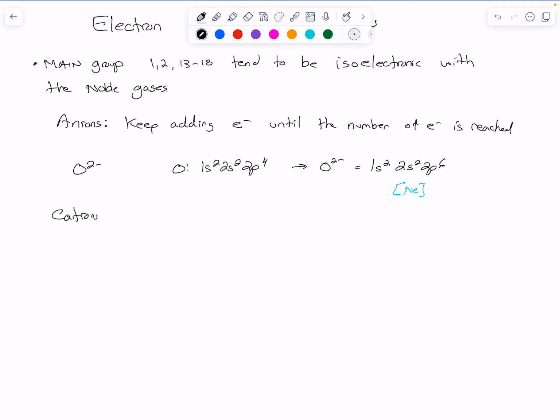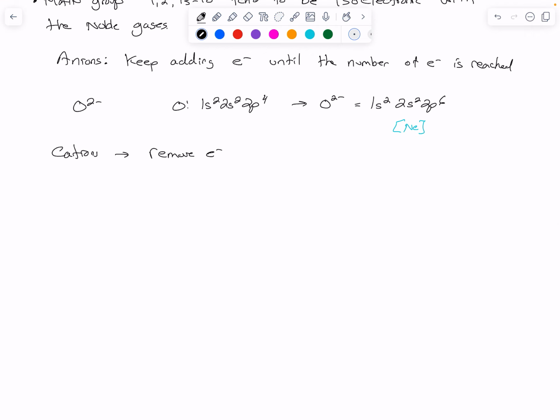Cations, we remove electrons. They don't always come off the same way. Some of them are pretty straightforward. So for example, aluminum, Al versus Al3 plus. Aluminum, I would have neon, and then we have 3s2, 3p1.